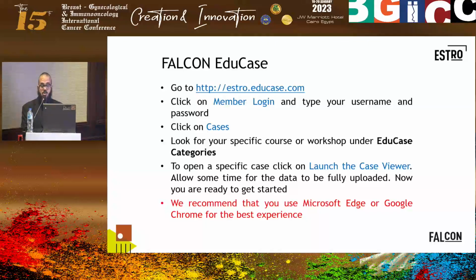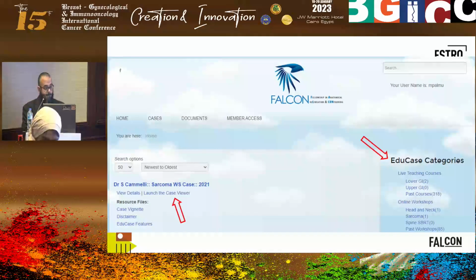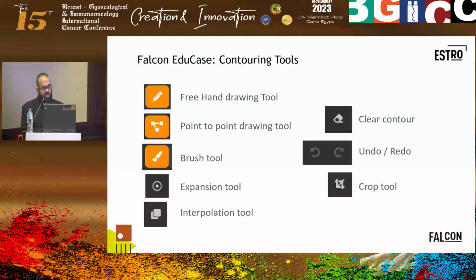Falcon Educase. So how do we go to the case? I think we are going to distribute some laptops now to make groups. We'll go through this website, Educase, and I think you already received your membership login, and you will open the case of lung. These are the icons for contouring tools, which we will go through when we are applying the case.